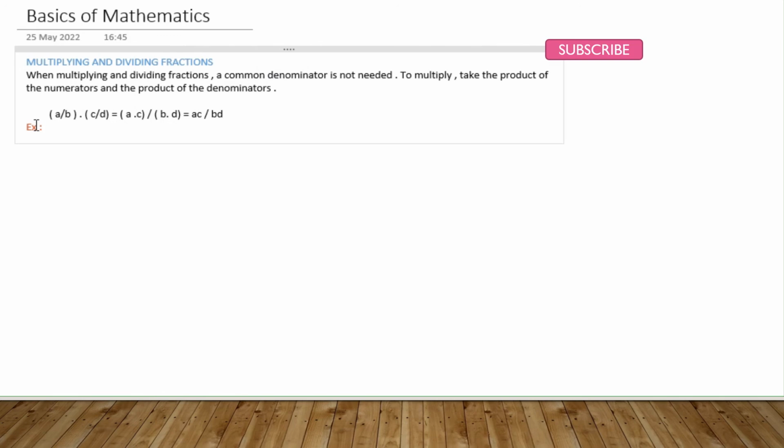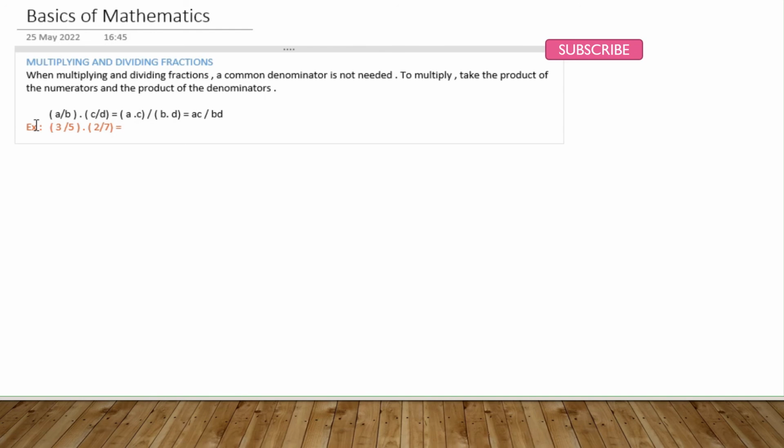For example, I am going to take 3 divided by 5 into 2 divided by 7, that is equal to, you will get fractional values.